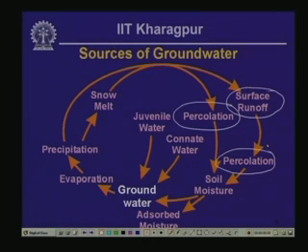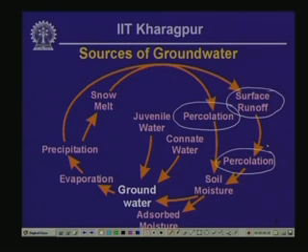One of them is what is called juvenile water, and this is the water that is released directly from magma during the formation of the rock itself, and that might also get trapped within the mass of subsurface formations.